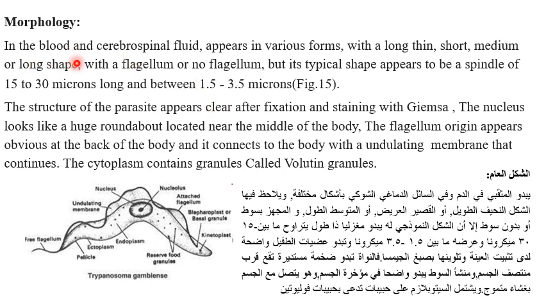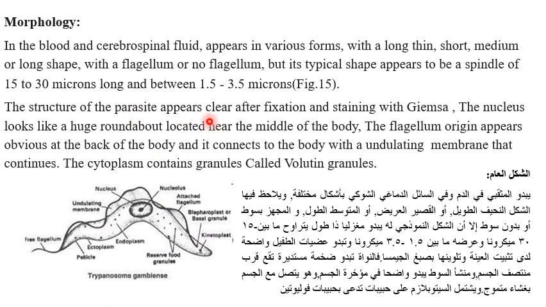Morphology. In the blood and cerebrospinal fluid it appears in various forms, long thin, short, medium, or long shapes, with flagellum or no flagellum, but its typical shape is a spindle 15 to 30 microns long and 1.5 to 3.5 microns wide.